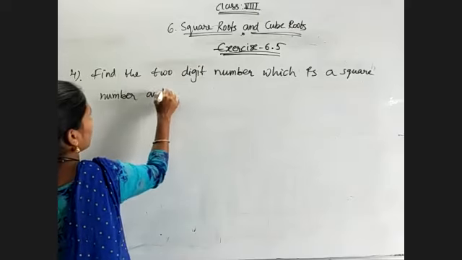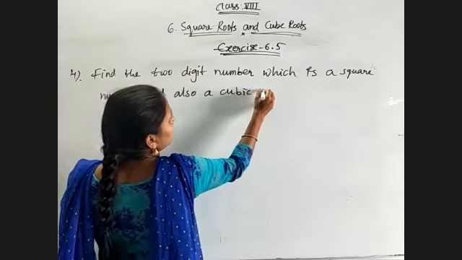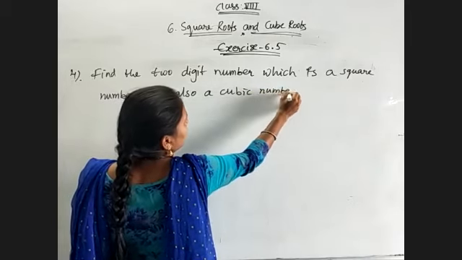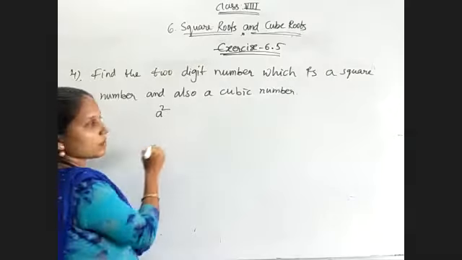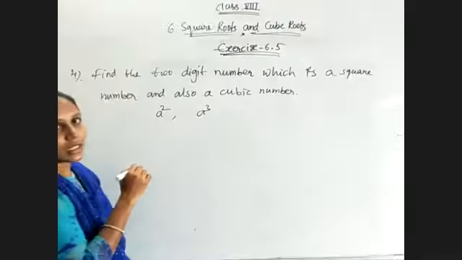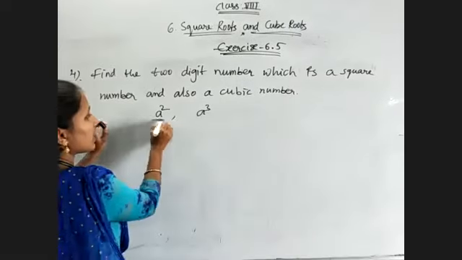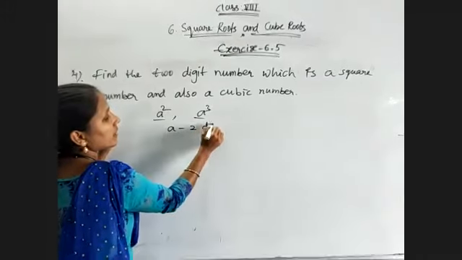The number which we are able to write in the form of a square, as well as a cubic number, which we can write as a cube. And then a must be a two-digit number. A is a two-digit number, they have given.